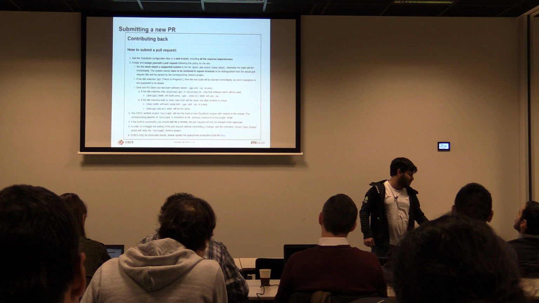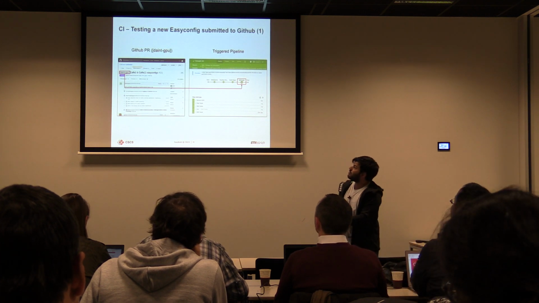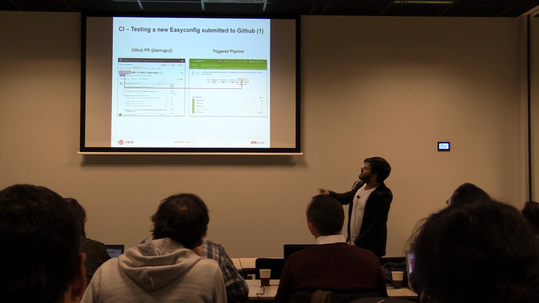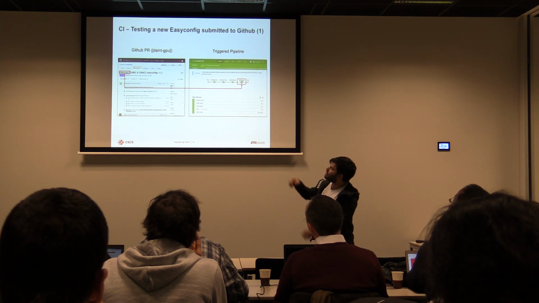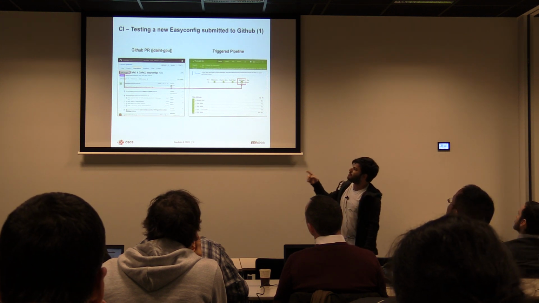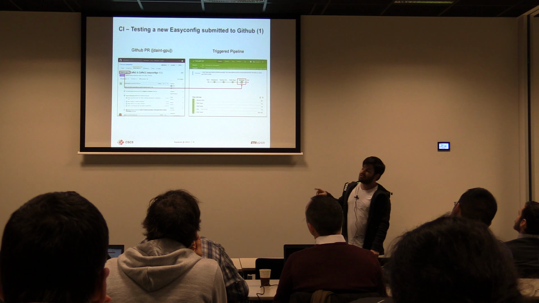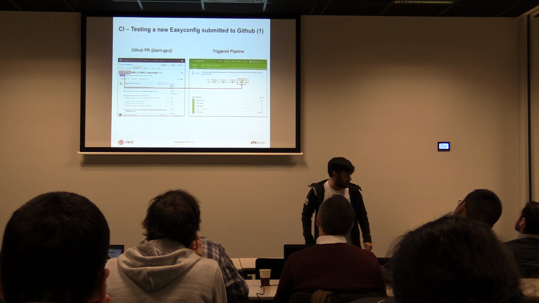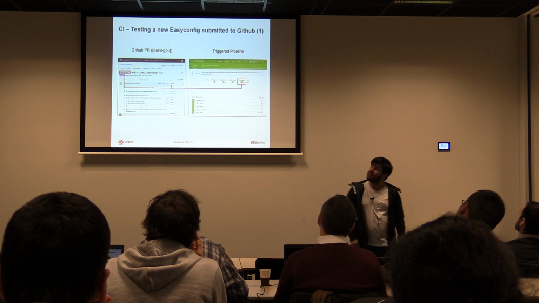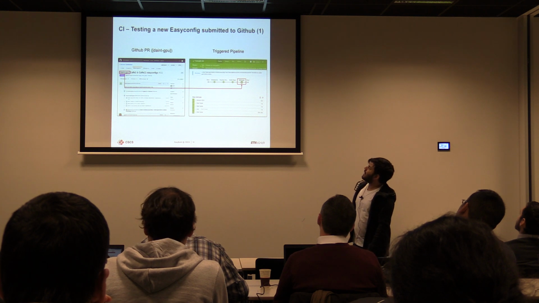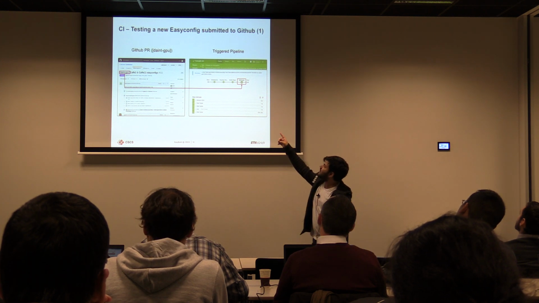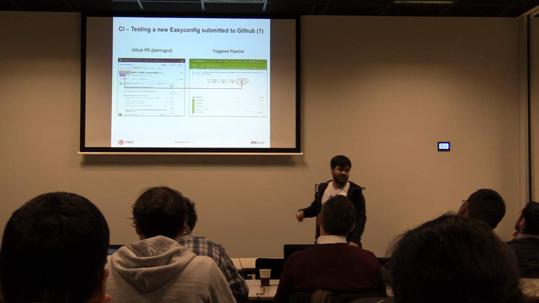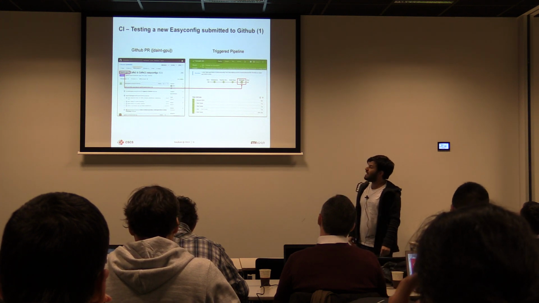So to give you an example, we have this particular pull request, and on your left you see that we include Dyn GPU, which is actually the machine and the specific partition. And on your right you see the actual pipeline that is executed by Jenkins, and you see here that Jenkins selects Dyn GPU to run it.